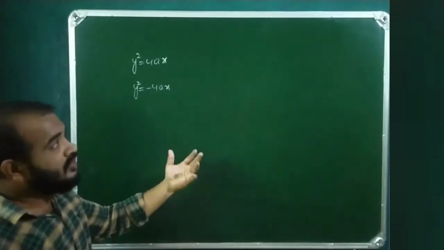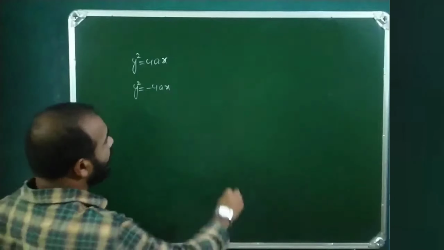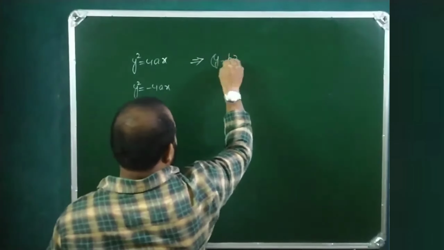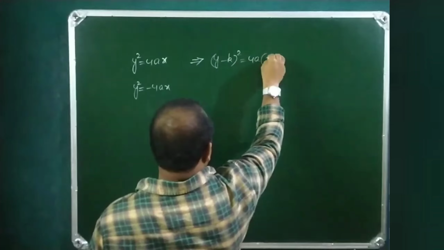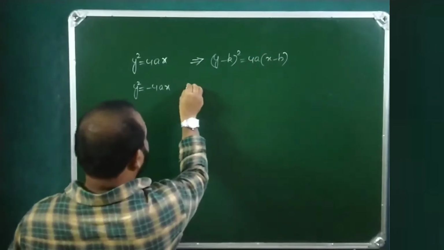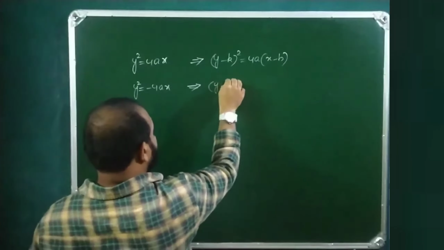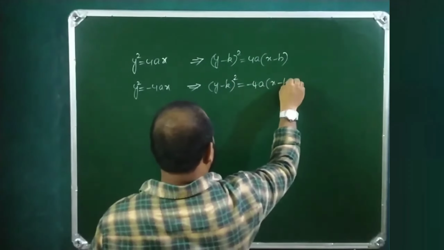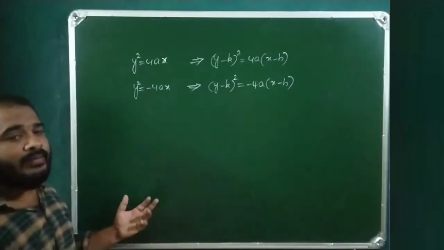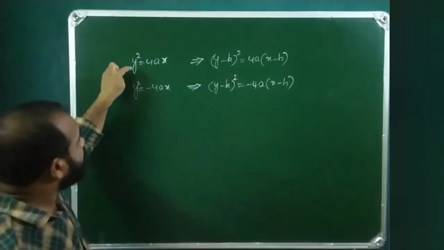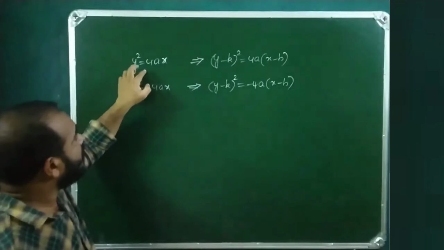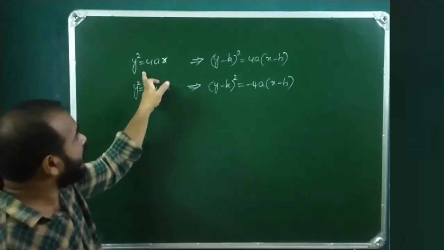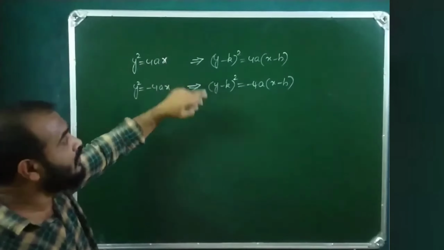But if origin is shifted to h comma k, it will transform as y minus k whole square equals 4a into x minus h. So all these 4 parabolas are similar. This is symmetric about x-axis.